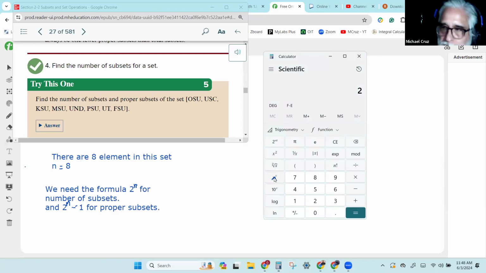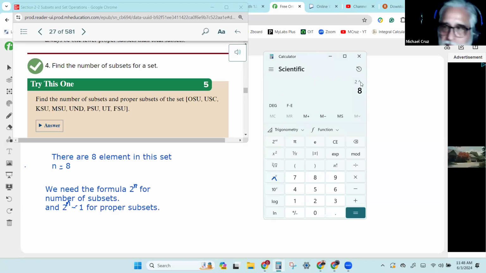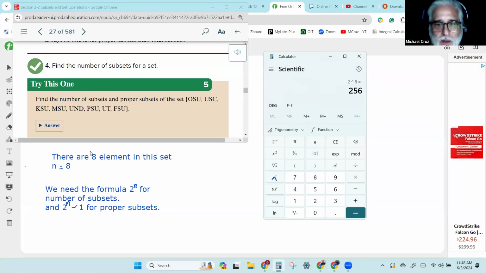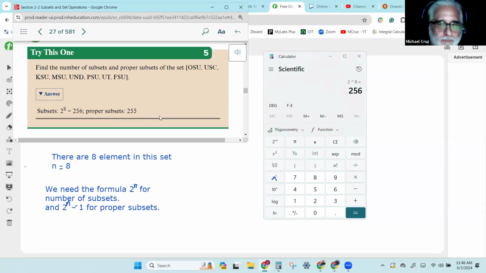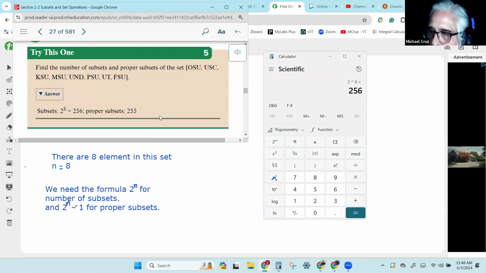So in this case, the 2 is the base, and then we hit our N. See, that's what that little symbol stands for on your calculator. So 256 would be the number of subsets, and then the proper subsets is going to be 1 less. So 256 and 255. See that? Does that make sense?